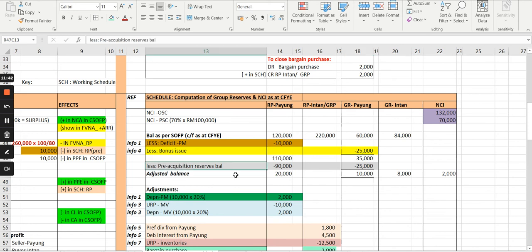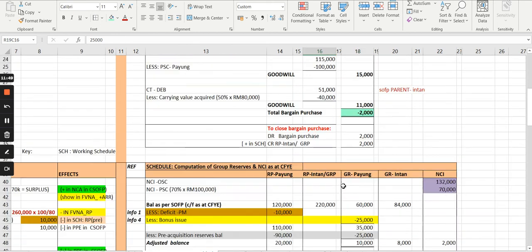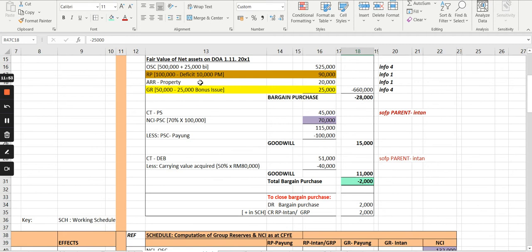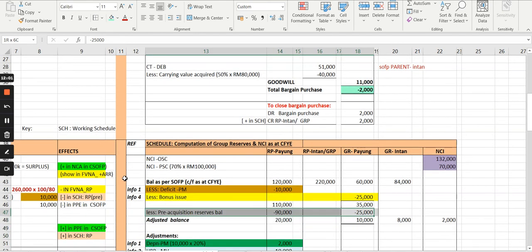After that, the pre-acquisition reserve balance 25,000 here is from this 25,000, which is the general reserve figure. So I will color that here. This 25.